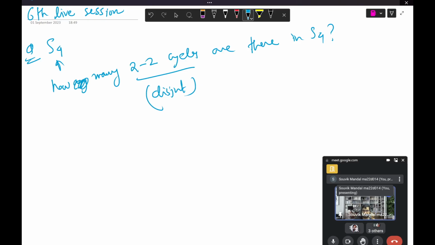I know it's easy, but for those who don't know, let's try. It's a basic permutation problem of the kind we already started with. So think about it in that way.